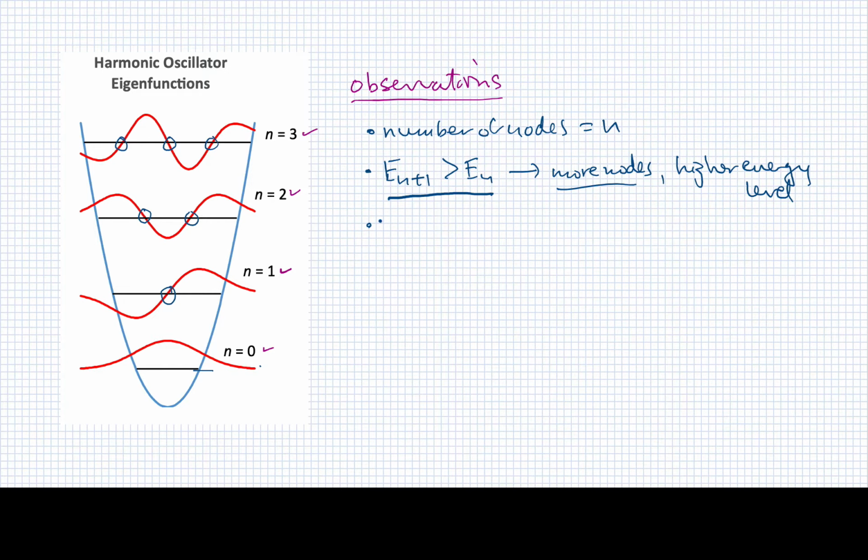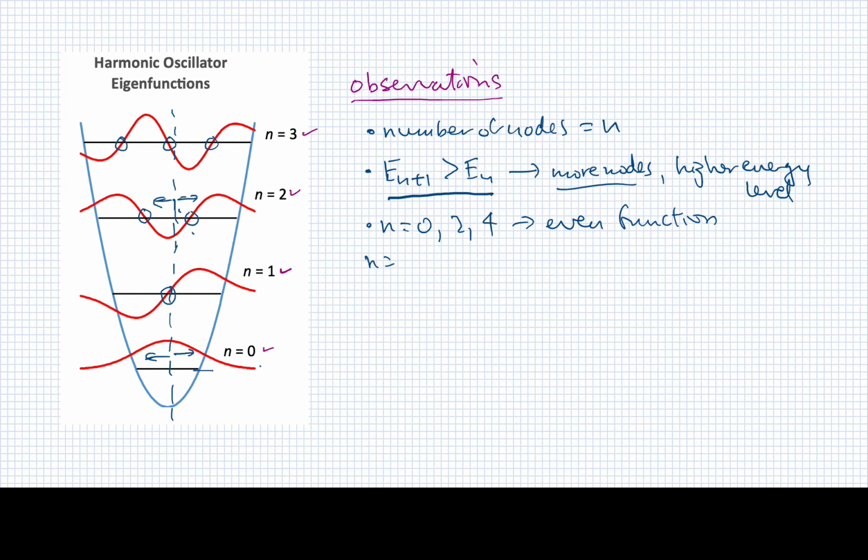You'll note that when n is equal to 0, 2, or 4, we end up with an even function for our eigenfunction. So look at this function down here, the Gaussian. An even function is one that's symmetric about this line. It looks the same when you look both ways.